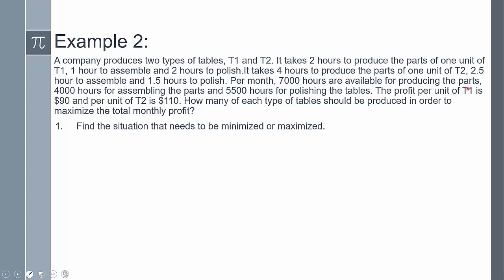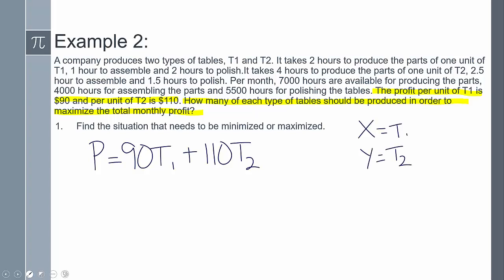It says the profit right there. And so because I know that's where my profit is, it's 90 times table 1, and then 110 times table 2. Once again, to make it a little easier, I'll just say T1 is X and T2 is Y. And so I can say my profit is 90X plus 110Y.